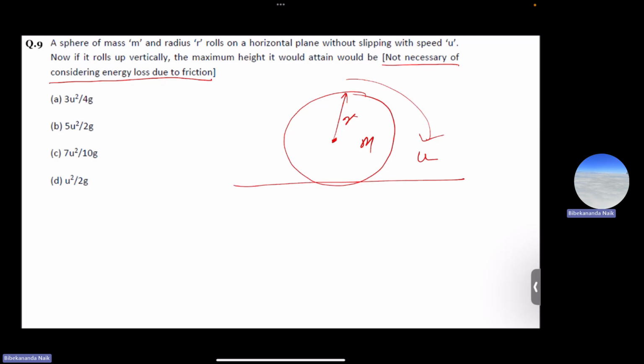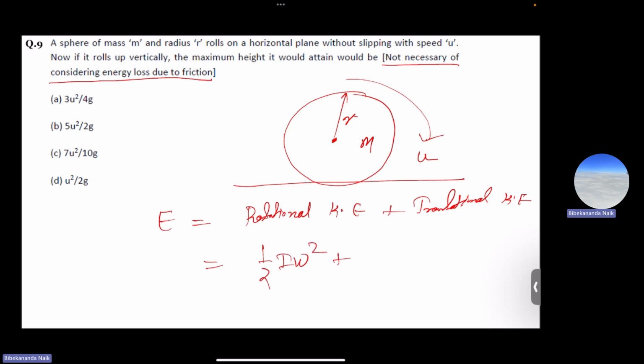So when the sphere of mass m and radius r is rolling on horizontal surface, what is the total energy that it's carrying? The total energy will be rotational kinetic energy plus translational kinetic energy. So total energy E is rotational kinetic energy plus translational kinetic energy, and we know rotational kinetic energy is half I omega square plus kinetic energy is half mv square.